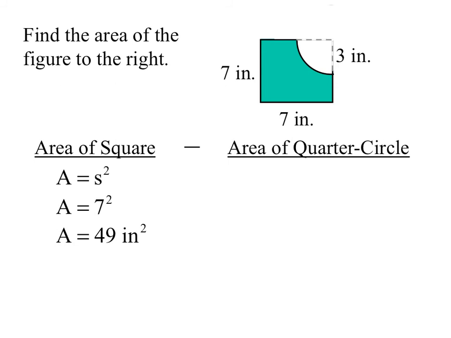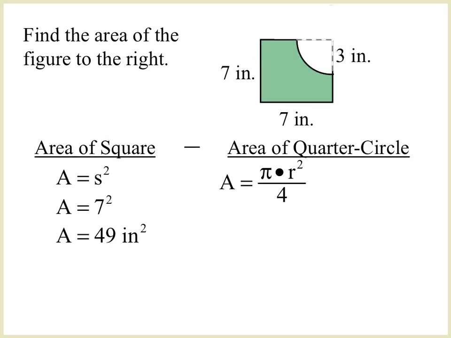The area of a quarter circle is pi r squared divided by 4. And in this case, my radius is going to be, remember, if it's a quarter of a circle, I'm going to just draw it for you. Sorry. So that is my radius, 3 inches.